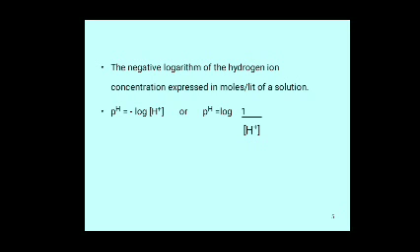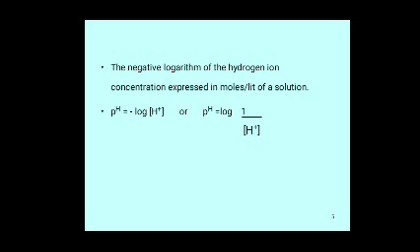So we convert the negative values to positive values by using logarithm base 10. This log 10 value is 1. So minus into minus gives plus, and we get positive values by using the negative logarithm.